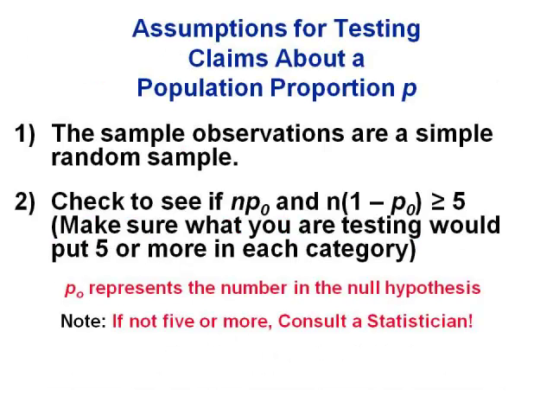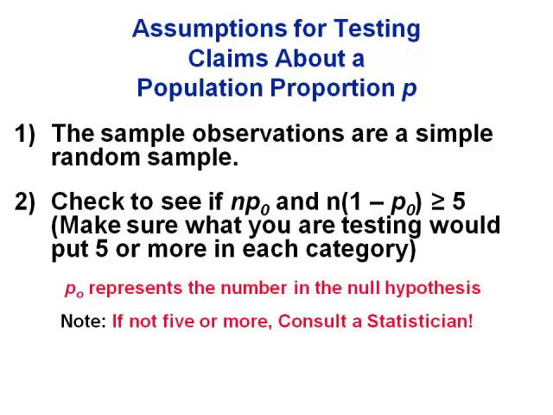We do have to be careful when we're checking the 5 in each category requirement with hypothesis testing, because you need to know which proportion to use when you make that check. So we're actually going to use the proportion from the null hypothesis, so the proportion from the claim. And so we'll use that proportion to test that there's more than 5 in each category.